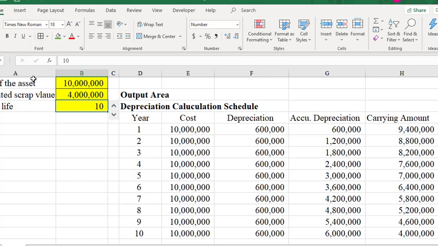We have input, this is the input area, these are the data. We have only 3 data: cost of the asset, scrap value and useful life. Using this raw data, we need to compute depreciation. Now this model computes your depreciation.